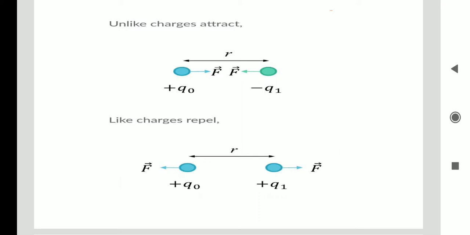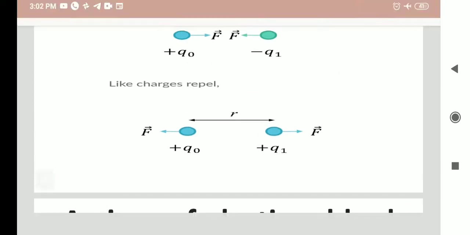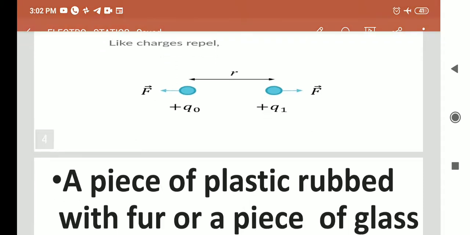See Q0 plus and Q1 plus, positive charge and positive charge, both are like charges. That's the reason they are repelling. So unlike charges attract, like charges repel. That is the property of the charge, positive and negative.